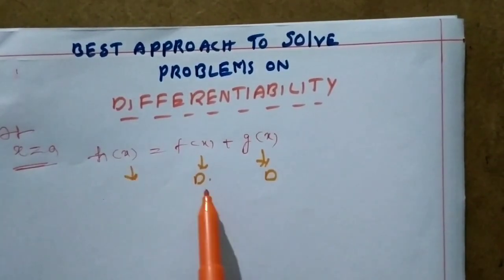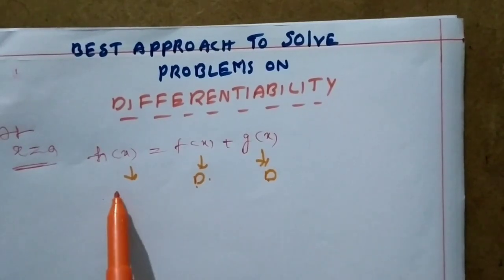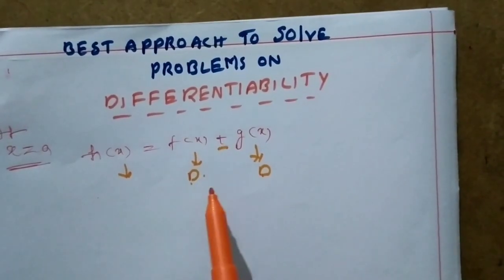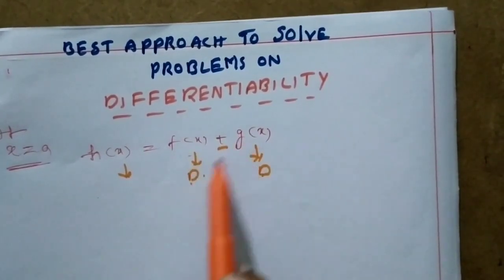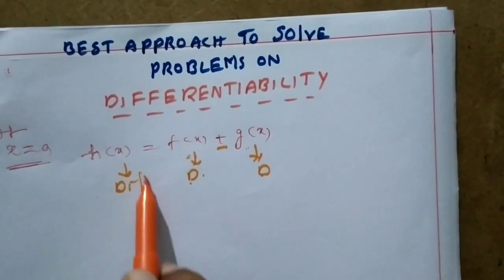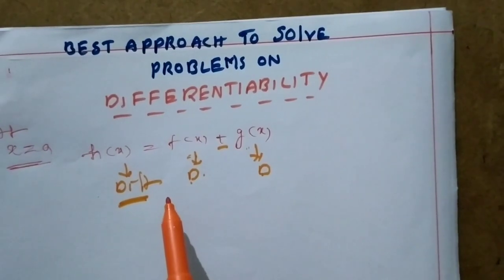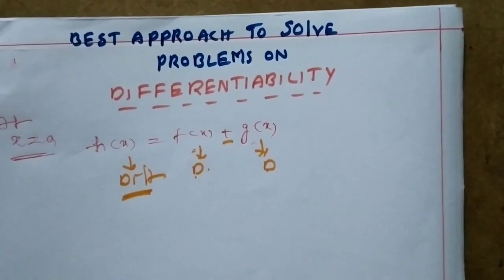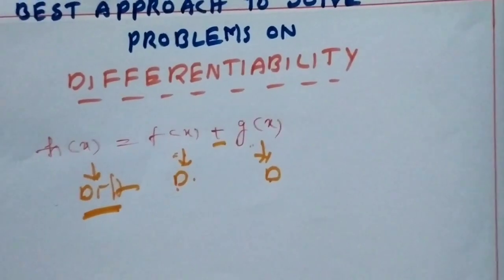Ultimately, the sum or difference of two differentiable functions is always a differentiable function. No need to check at that point using any formula, we can simply say so.